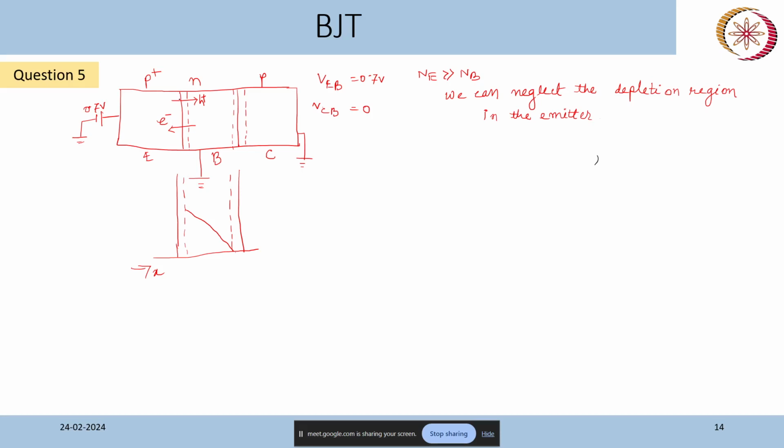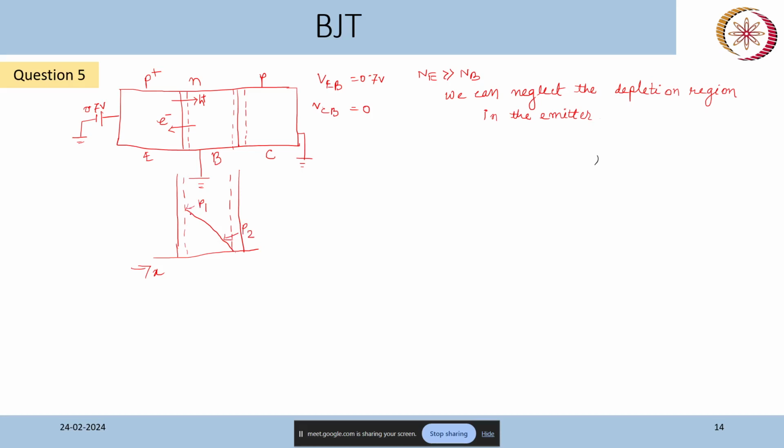And the holes which are injected from the emitter will have a distribution like this, the excess holes in the base region. Let's consider this is P1 and this is P2.